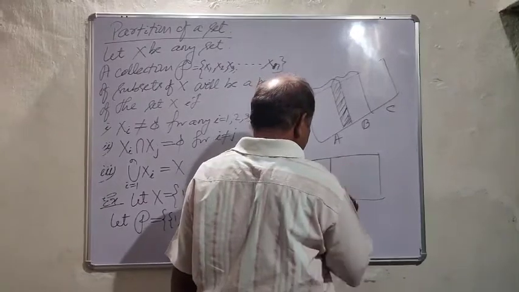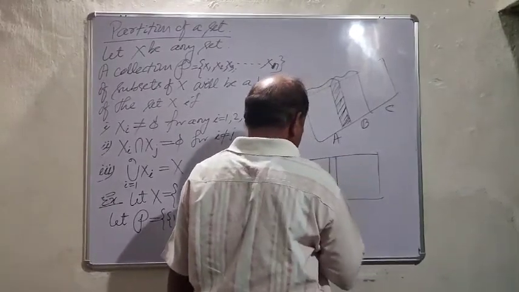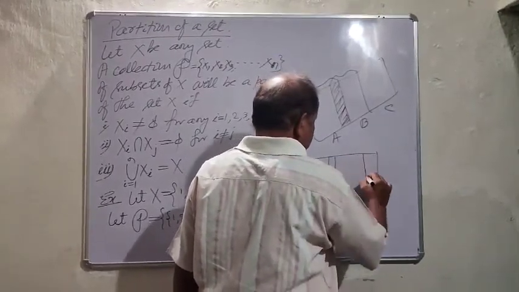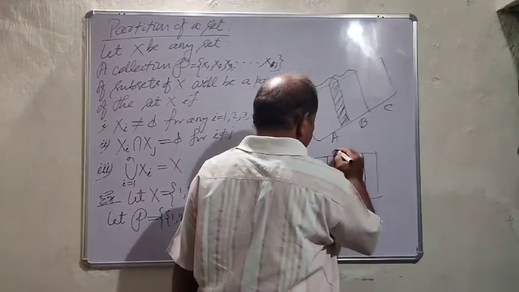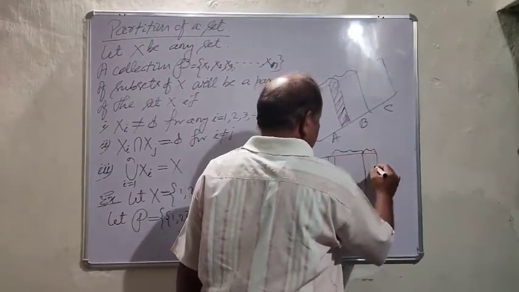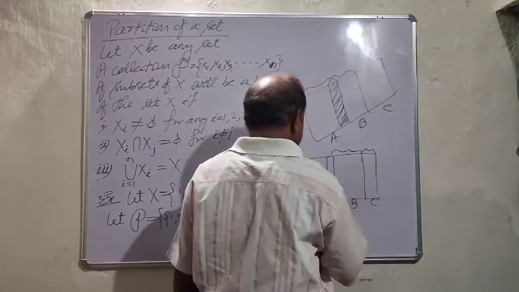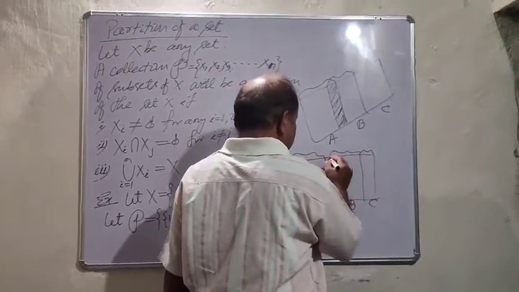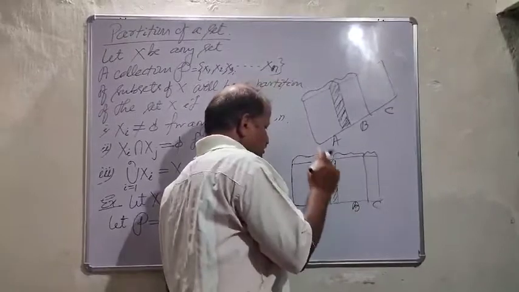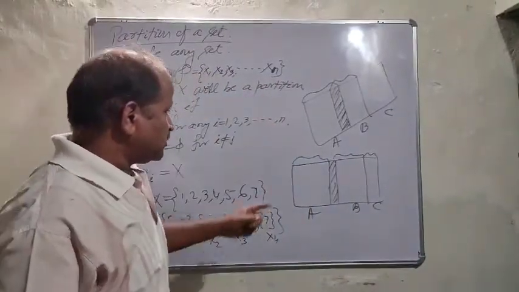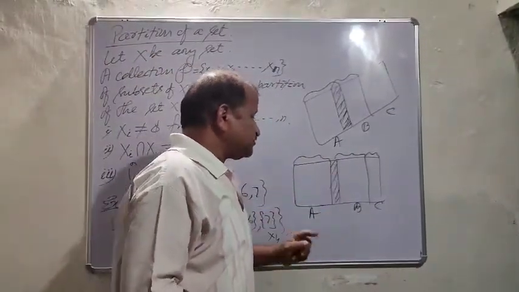Suppose here is a land which is for A, it is for B, it is for C. But their father has not distributed this property.